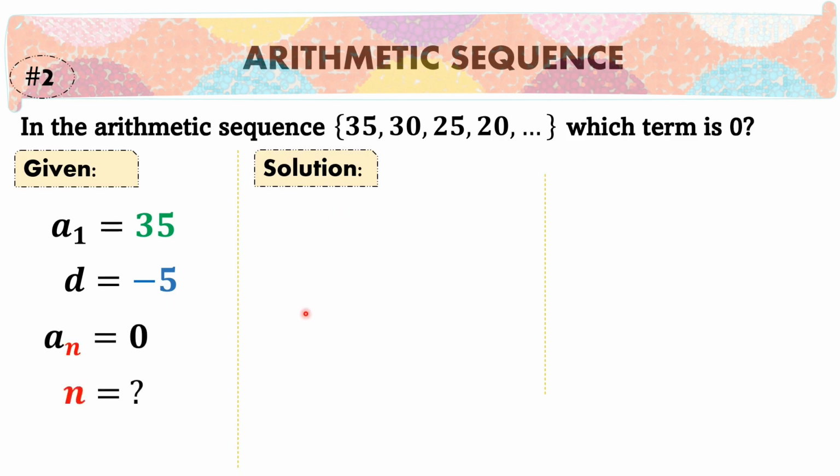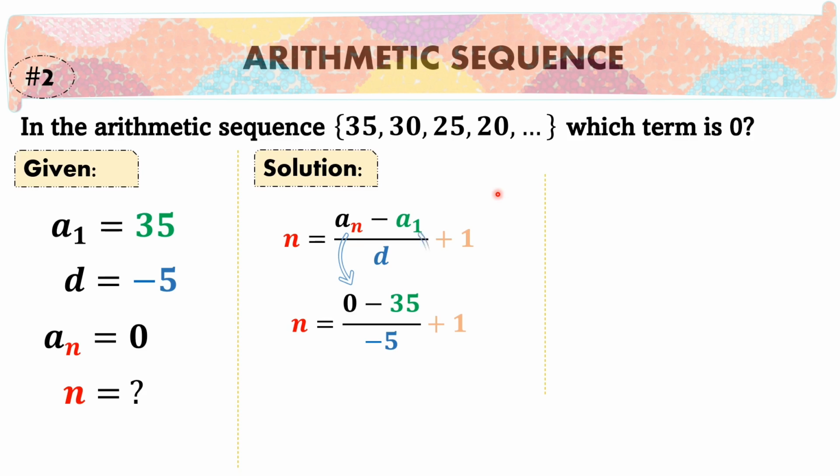What is n? Using the n formula, n equals a sub n minus a sub 1 over d plus 1. A sub n here is the last term, which is 0, and the first term is 35, and d is negative 5.